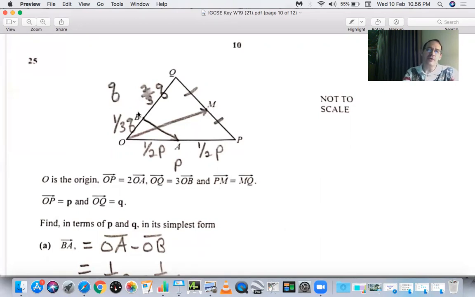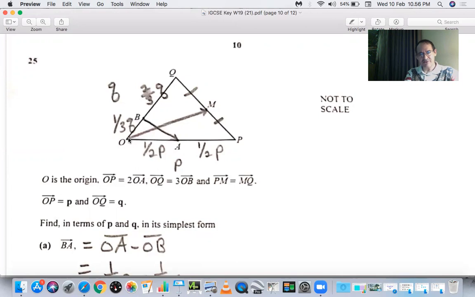So we want to go from B to A. Notice that OB and OA are tail to tail. So if you have tail to tail and you're connecting the heads, it's subtraction, end minus start. So you have a vector B to A connecting OA and OB.